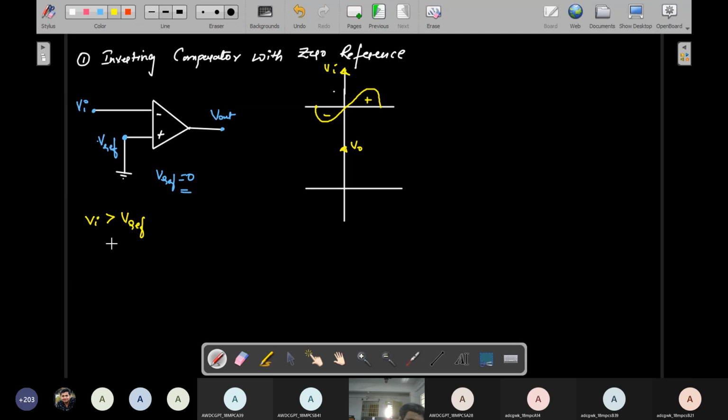So the graph looks like this, and this is your negative saturation region, V saturation. Understand what I'm saying?